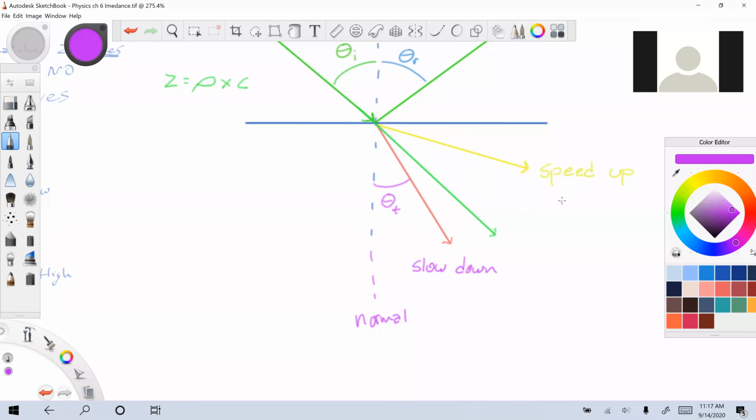So speed up, that theta t is larger than theta incident. You see how this angle is larger than this angle, okay?